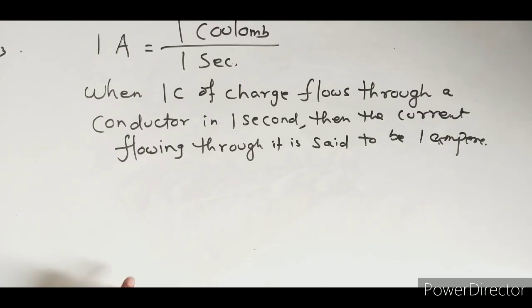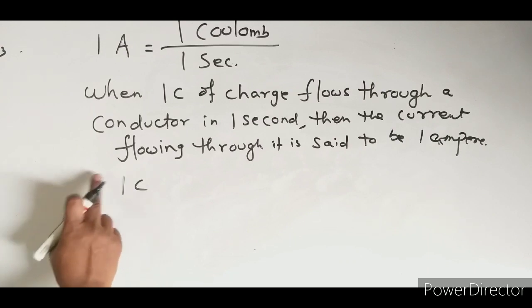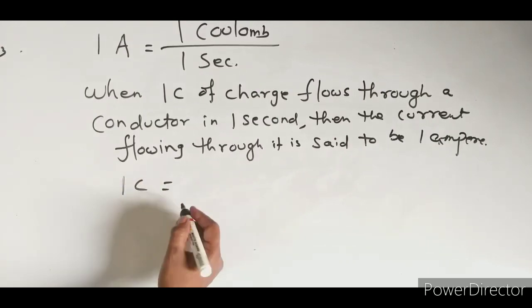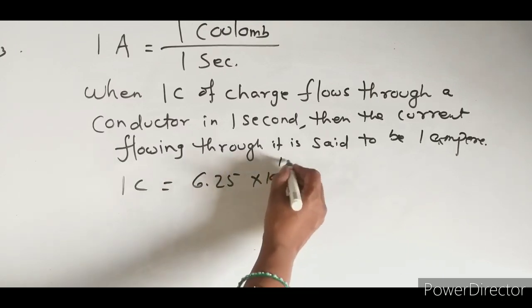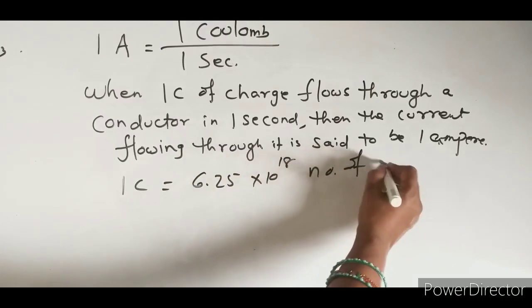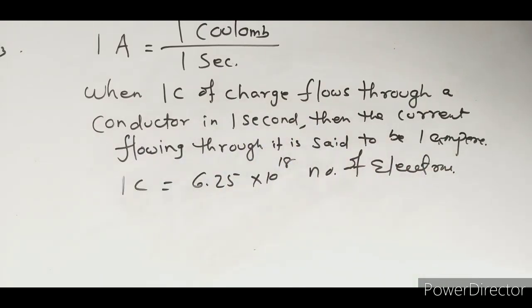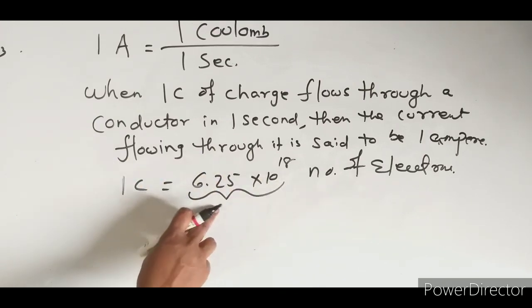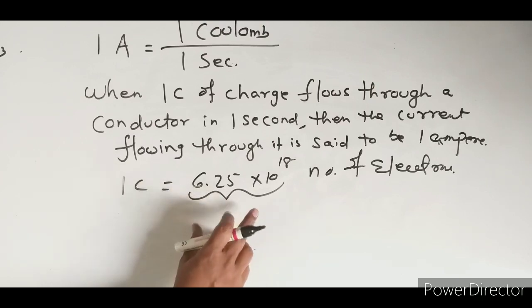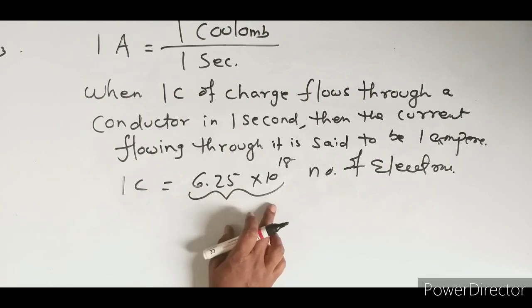Clear? So here another part is there. 1 coulomb of charge consists of 6.25 into 10 to the power 18 number of electrons. So when 6.25 into 10 to the power 18 electrons flow through a conductor for 1 second, then the current is said to be 1 ampere.